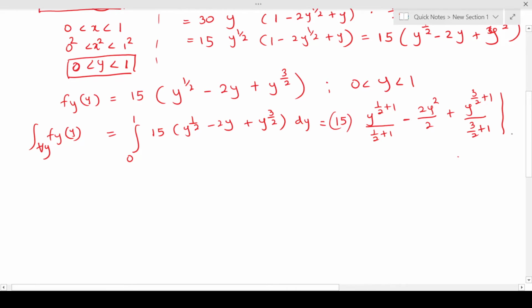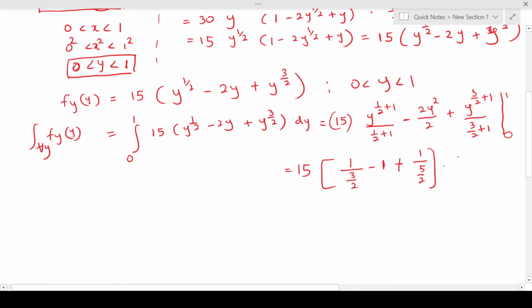So this is 15 times, and when you plug in 1, the first term is 1 over half plus 1, which is 3 over 2. Minus, these 2 and 2 get cancelled, and 1 squared is 1, plus 1 to the power 3 over 2 plus 1 is 1, then 3 over 2 plus 1, 2 plus 3, is 5 over 2.